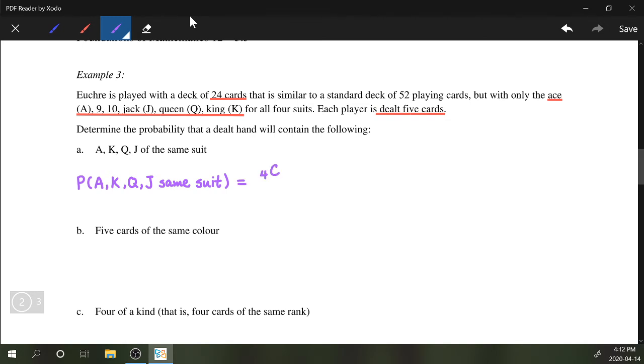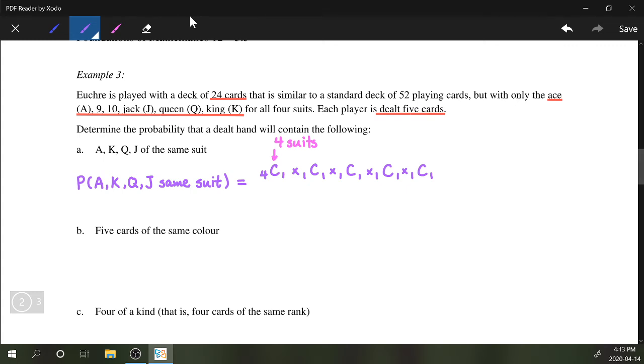So 4 choose 1. This is again for the suit. Now, in that suit, there is 1 ace, 1 king, 1 queen, and 1 jack. So that would be 1 choose 1, which of course is 1, but we have to do that 4 times. So that doesn't affect our product because we're just multiplying by ones.